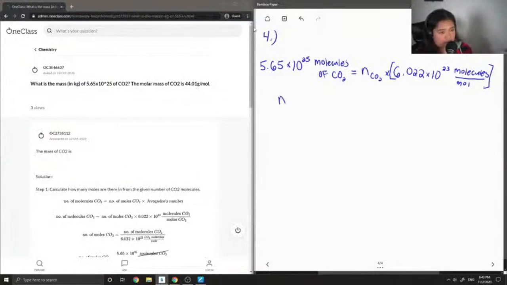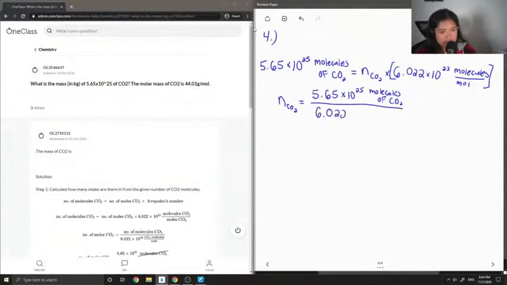So in order to calculate the number of moles, all we have to do is do 5.65 times 10 to the 25 molecules divided by 6.022 times 10 to the 23 molecules per mole.